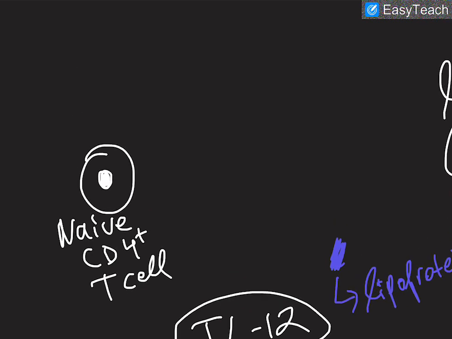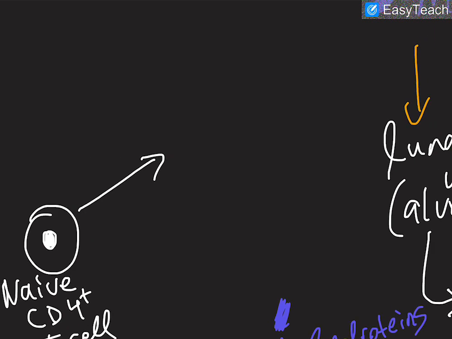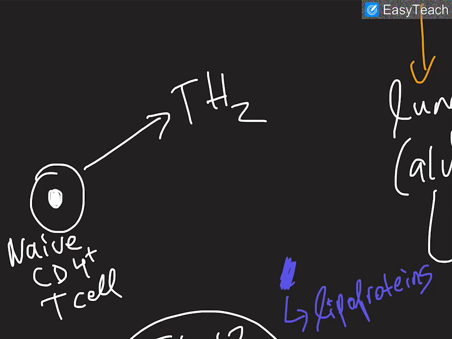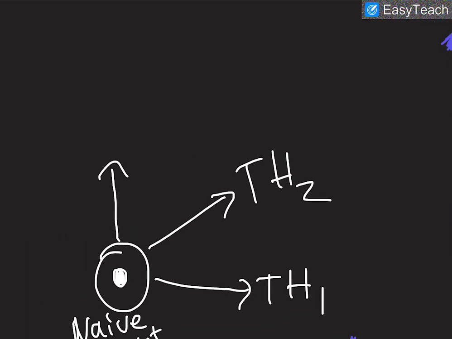For example, if you're exposed to interleukin 4, then this naive CD4 cell can turn into a Th2 subtype. If it's exposed to interleukin 12, it can turn into a Th1 subtype. If it's exposed to interleukin 6 or interleukin 23, it can turn into the Th17 subtype.